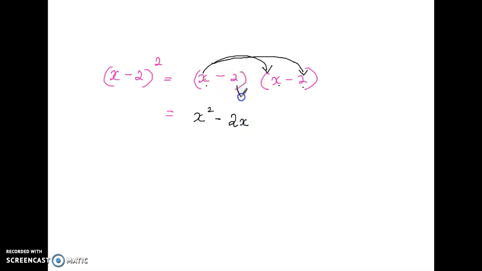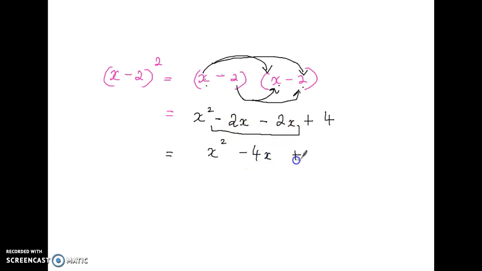Now I'm going to distribute the second term to both the terms here. Negative 2 times x is negative 2x. Negative 2 times negative 2 is positive 4. So when we combine, we get x squared. These two combine together: negative 2x and negative 2x is negative 4x, plus 4.